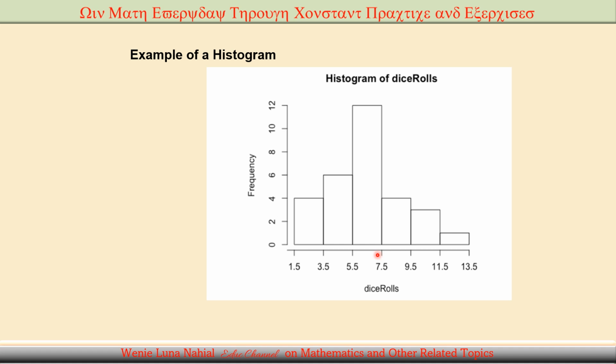And you can also see here, for the class interval of 2 to 3, we have the class boundary of 1.5, because 2 is subtracted by 0.5 and 3 is added by 0.5. Okay, so that's our histogram.